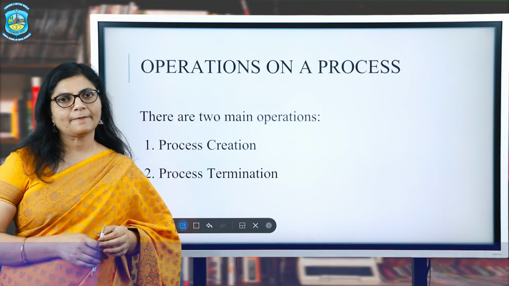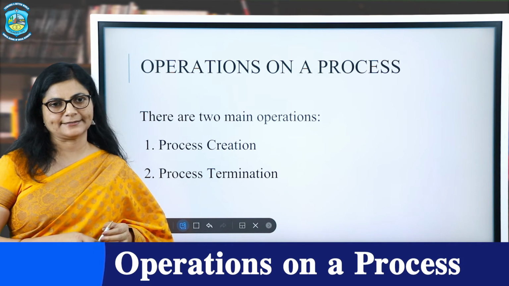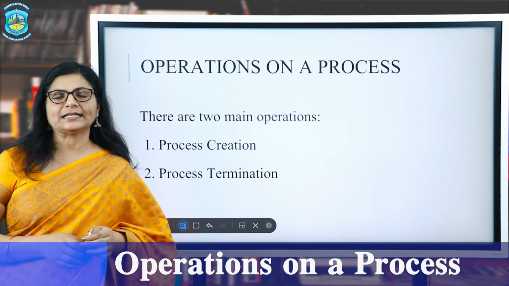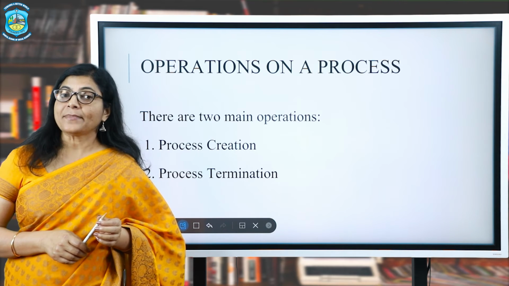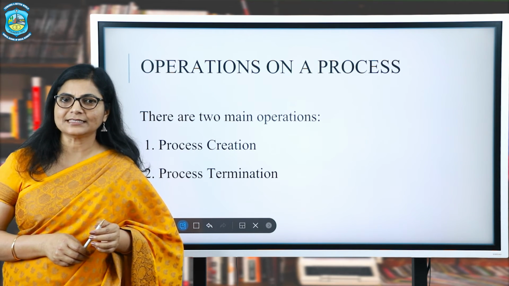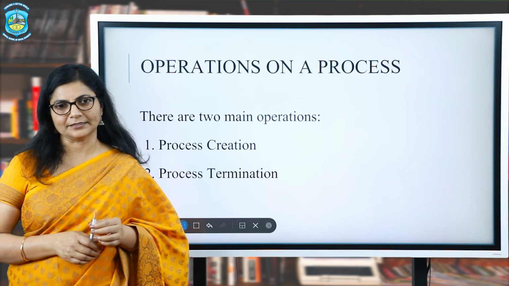Now let us learn what the different operations required on a process are. As we know, a process is sequential, and the scenario is that there are many processes and a single CPU. So we use time slicing or multitasking.